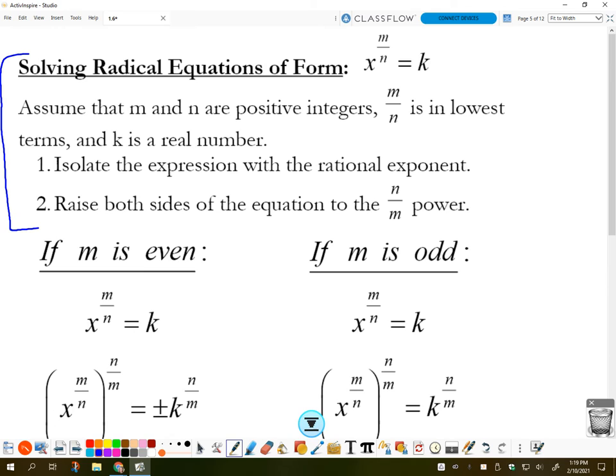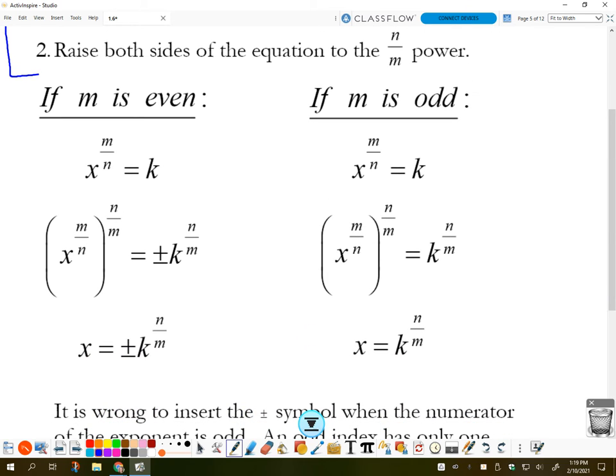So, if they give you something with fraction exponents, then you are going to isolate the expression that has that rational exponent, that fraction exponent, raise both sides to the reciprocal power, because reciprocals, when you multiply, cancel each other out and just have one. So what this other part is saying is that if m is even, so this numerator, when you multiply it here, he becomes the root or the index.